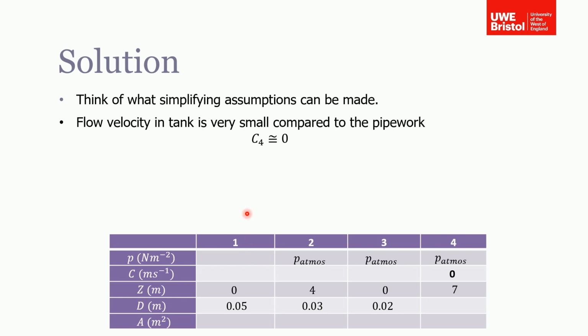That's what we're trying to find out. Another assumption is that because the tank is very large compared to the pipe, the velocity of the fluid in the tank is negligible compared to the velocity in pipe 1. Therefore, we're going to say that's 0 as well. So those are the initial simplifying assumptions that we can make.